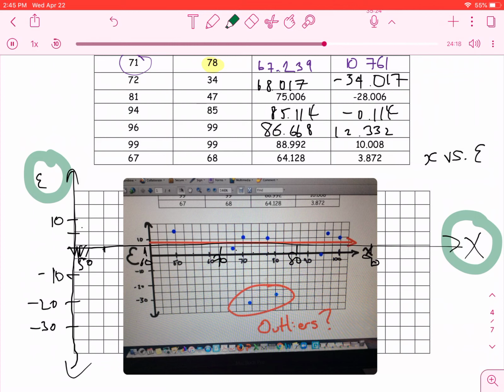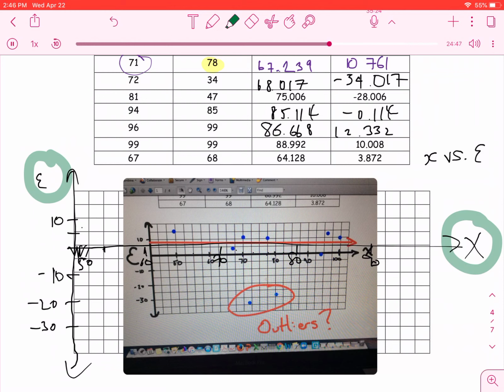All the points that I drew are in blue, and we can see those values at the very bottom are actually our outliers, because they are so far from the data trend, which is drawn in the red line.